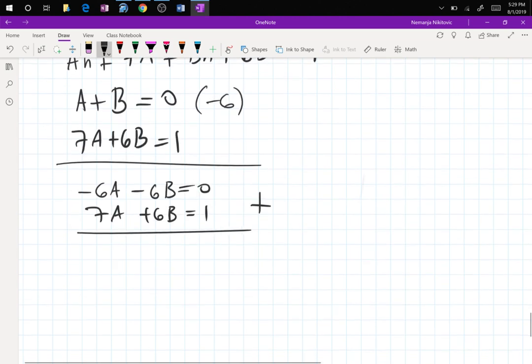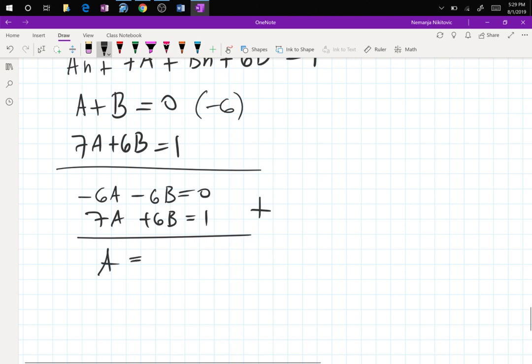When you add these two equations, you get that a is 1. And when you look at a plus b equals 0, then I immediately know that b is negative 1. And that's exactly what I needed. B being negative 1 means that that second one is subtraction.